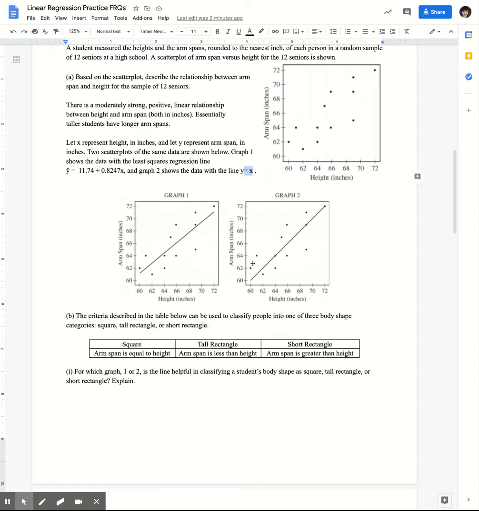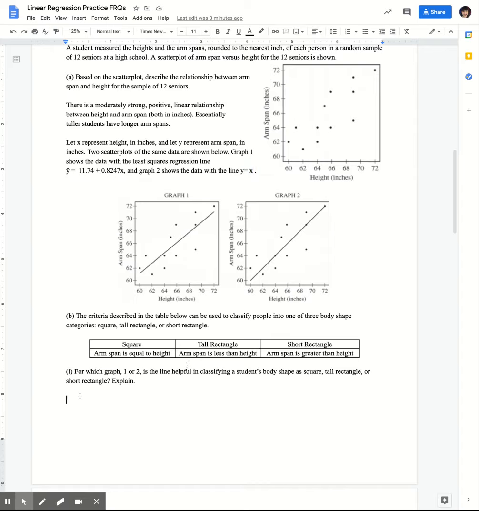People above the line have a larger arm span than they do height, right? So their arm span is bigger. So they would be short rectangles above the line. And then below the line, we have our tall rectangles, people who are taller, right, or their arm span is less than their height.